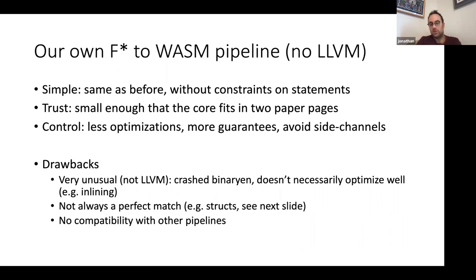We thought that the JITs in the browsers, for instance, would perform a lot more work than they do. So inlining, for instance, and I'll talk about that in the next few slides. There were also a few mismatches, so we had to add maybe 1 or 2 extra AST rewritings. And another drawback is that, well, we roll out our own stuff, but then we don't have compatibility. We can't mix and match code compiled by us and code compiled by LLVM.